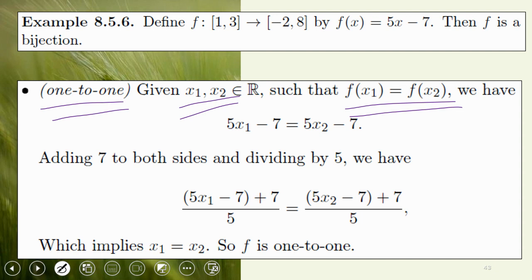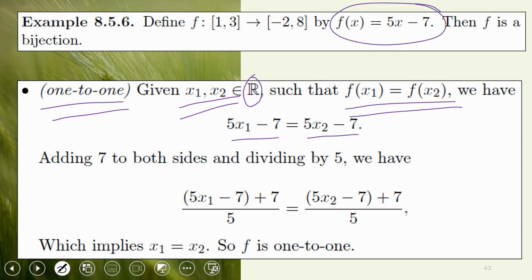So this is a great way to show one-to-one. We say x sub 1 and x sub 2 are elements of the domain, such that f of x sub 1 is equal to f of x sub 2. And what we want to show is this must mean that x sub 1 and x sub 2 are the same element. So what is f of x sub 1? What is f of x sub 2? Well, we go back to the rule.